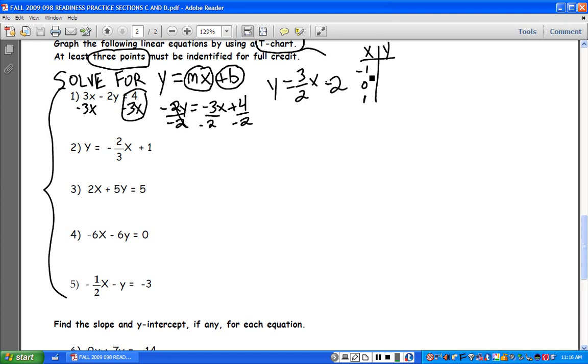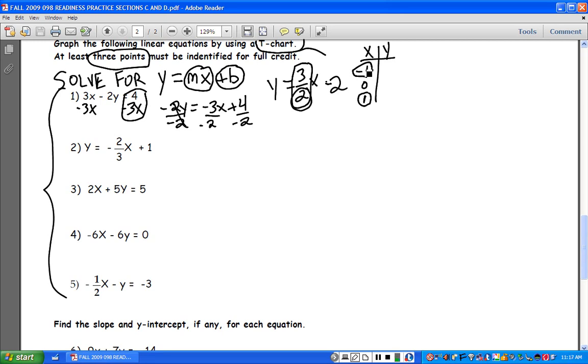However, anytime my slope is a fraction, I advocate that instead of using a negative 1 and a positive 1, when my slope is a fraction, I use the negative and positive version of the denominator of that fraction.